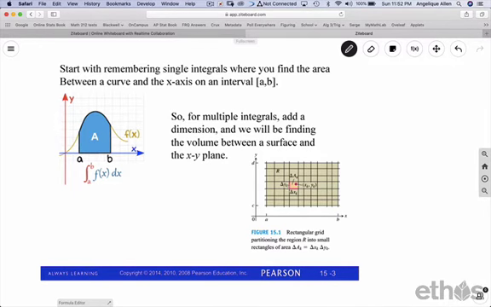And then the height of the rectangle is delta y k, and the k is just talking about the number of rectangles in the partition, okay? So when we identify a single point in that partition, we call it x k, y k, and when you multiply delta x times delta y, you get delta A. And that is one of the partitions inside this domain, as it were, this region called R here.